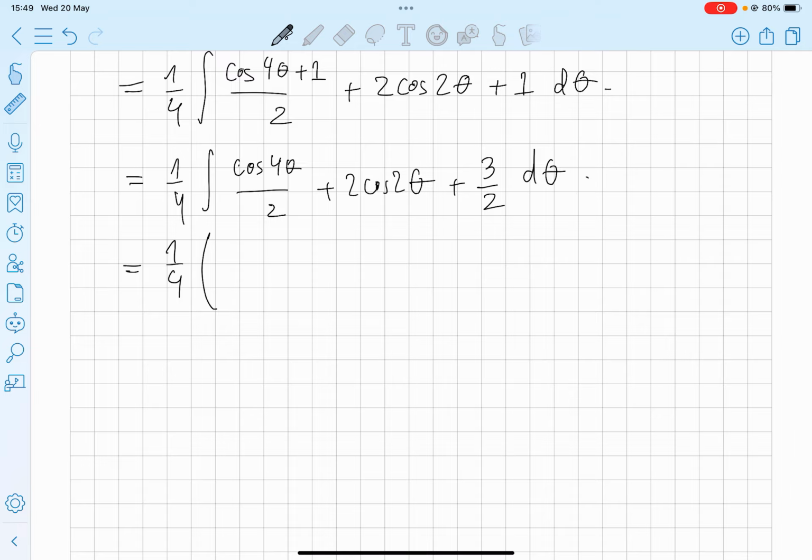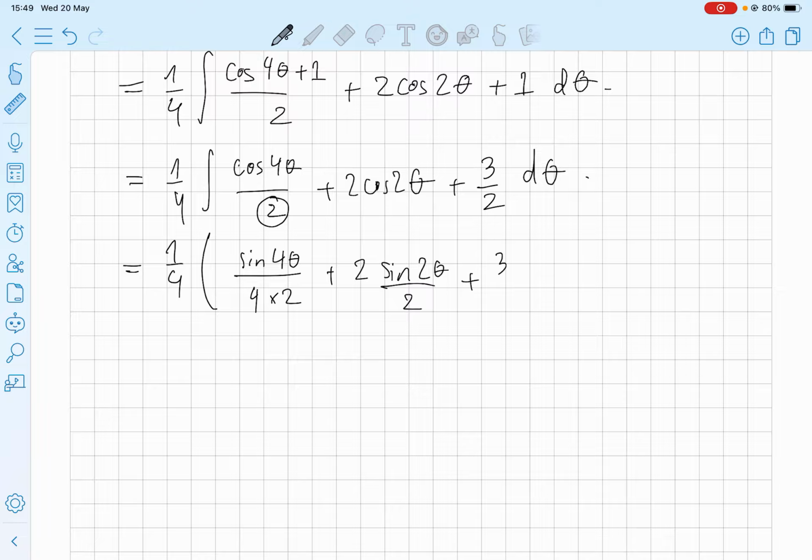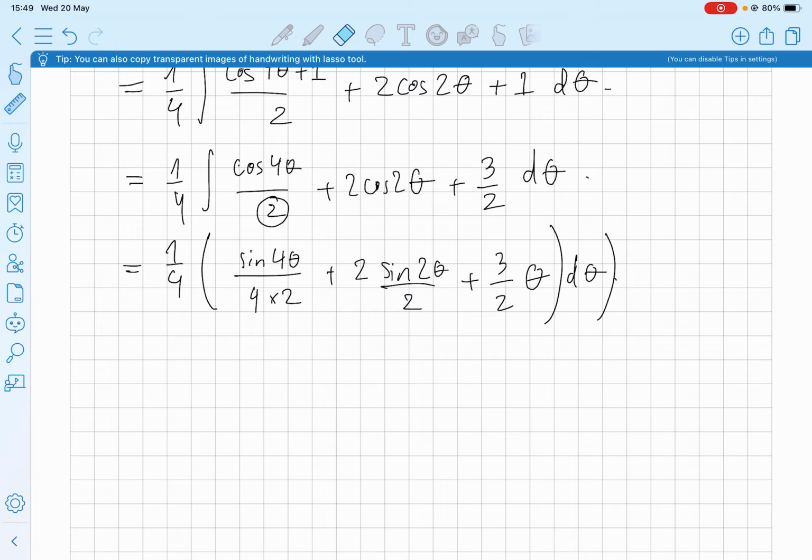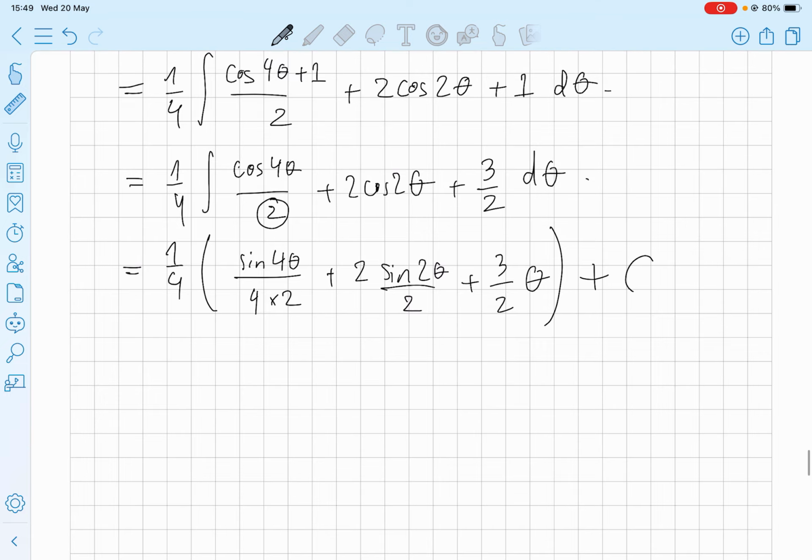Cosine of 4 theta will give sine 4 theta over 4, and multiply by 1/2 because we have 2 over here, and then plus 2 sine 2 theta over 2 plus 3 half theta, and then plus c, the constant.